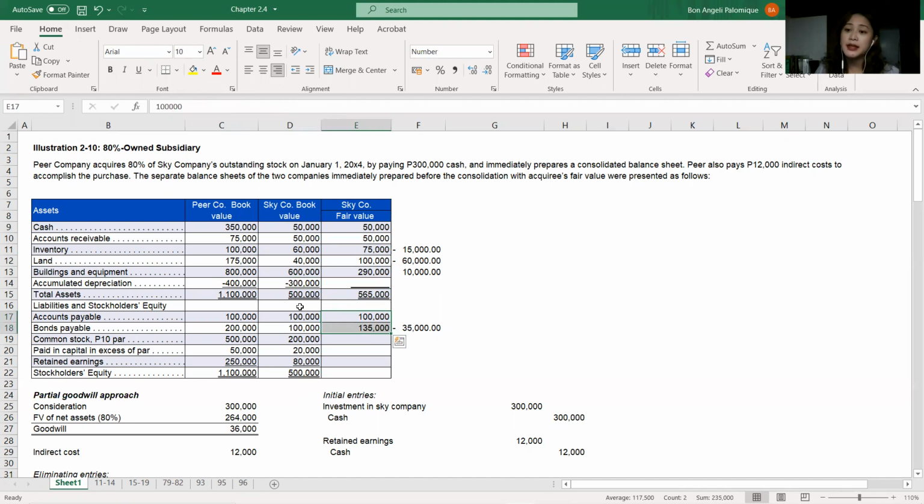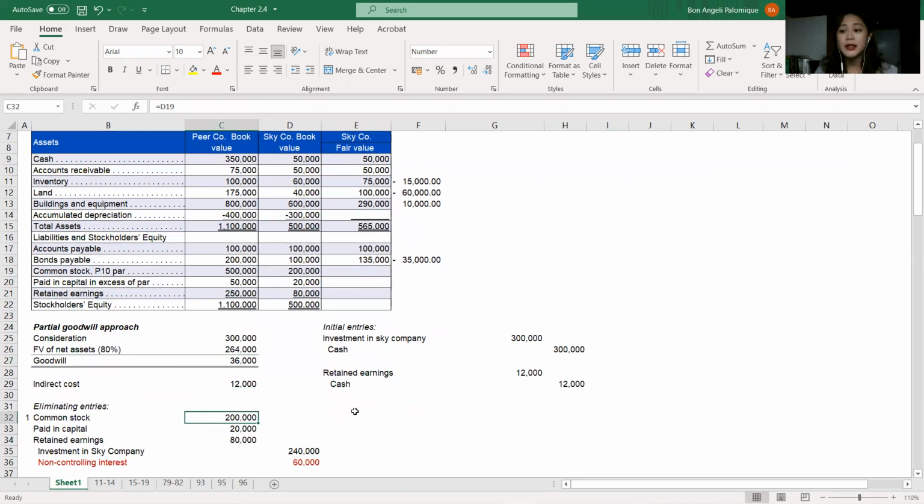Pero dahil 80% lang naman yung binili mo, so under the computation of partial goodwill, ang ma-compute mo doon is 264,000 fair value of net assets, equivalent to 80% ni Sky. So ang mako-compute mong goodwill is 36,000, which is the difference of the consideration less the fair value of net assets.